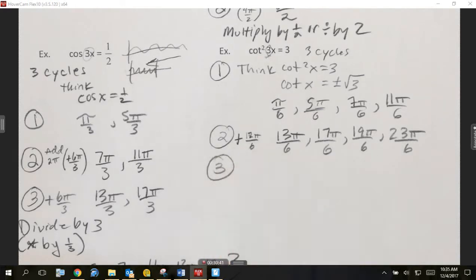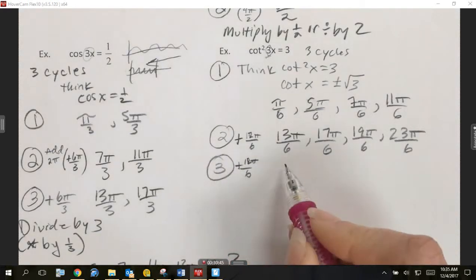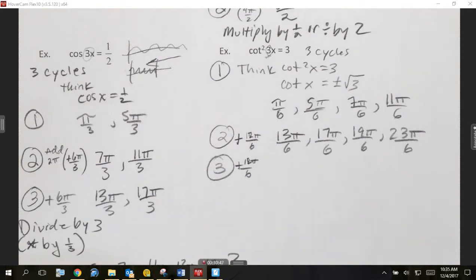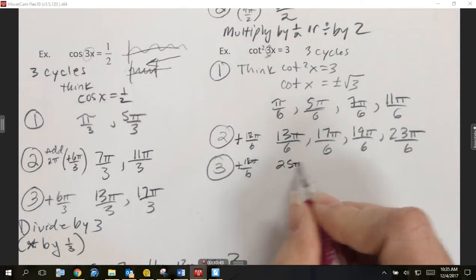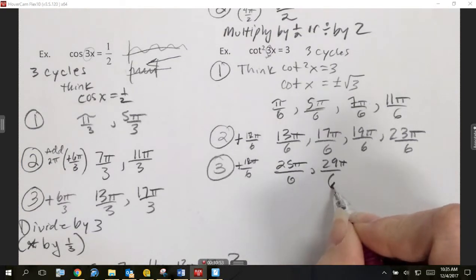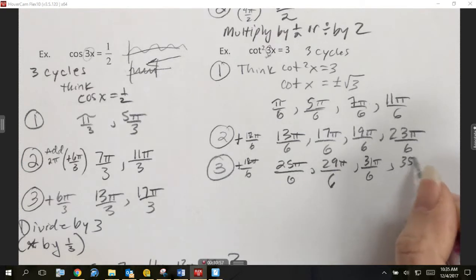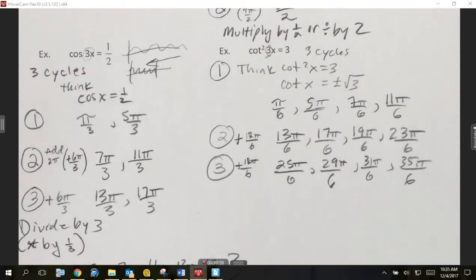Now we have our third cycle, where we have to add another 12 pi over 6. 25 pi over 6, 29 pi over 6, 31 pi over 6, 35 pi over 6. So that's just 3 full cycles.